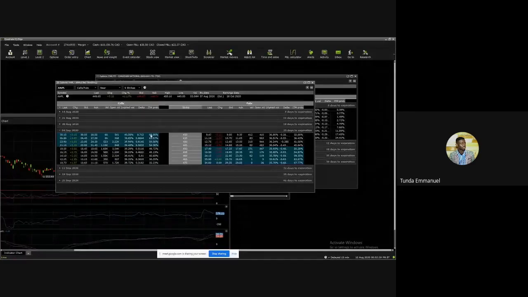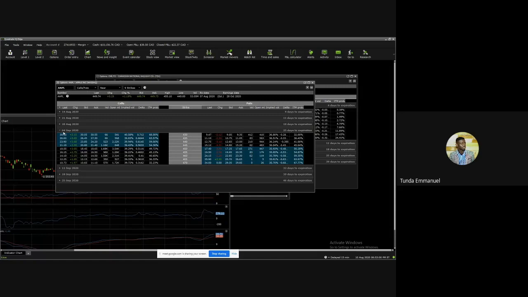It tells you there is a 68% chance of it to be at that price or higher, because it is a call. And they also tell you there is 32% for this stock to be at 470 by the end of September 4th.